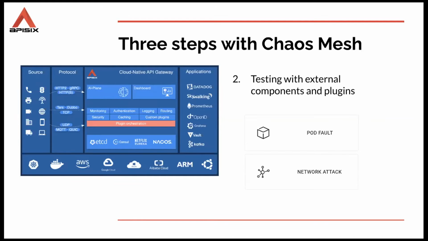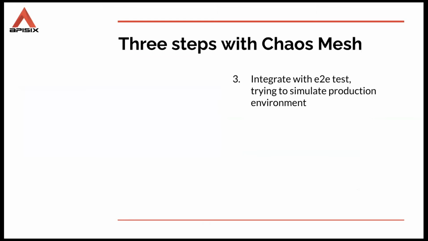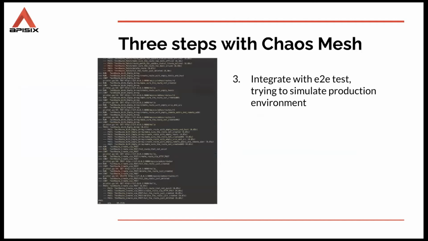It's still hard for us to build an environment that could simulate the production environment well. So what we are trying to do is integrate Chaos Mesh with our own E2E test.